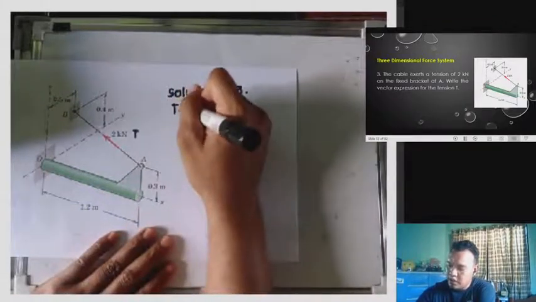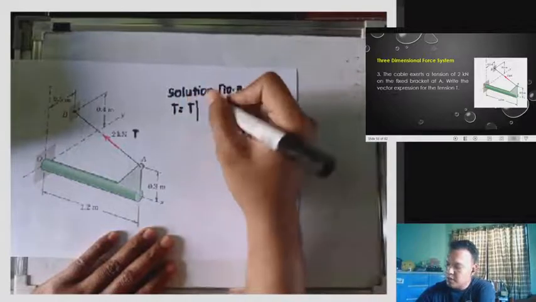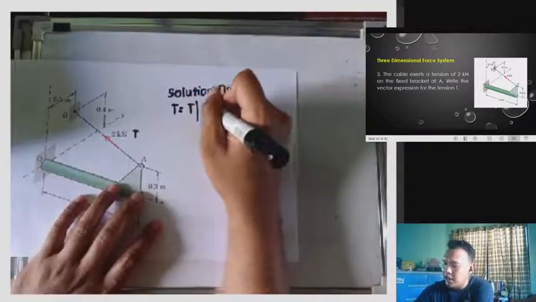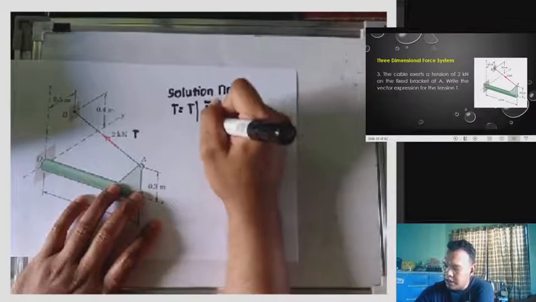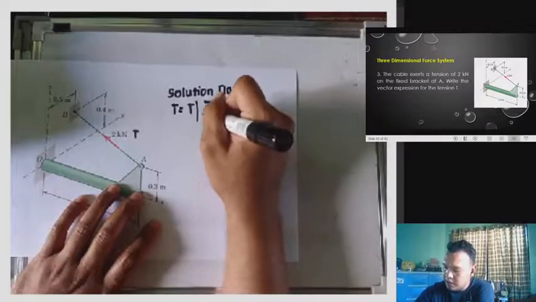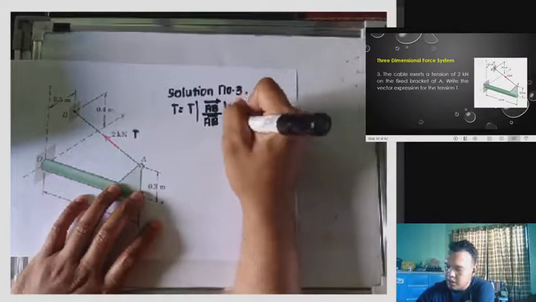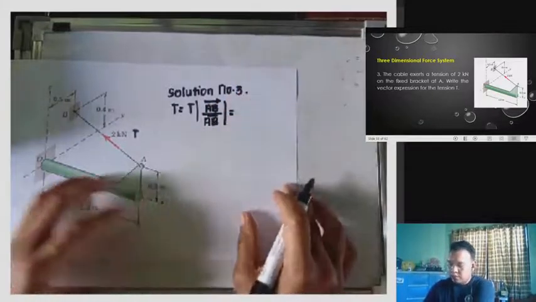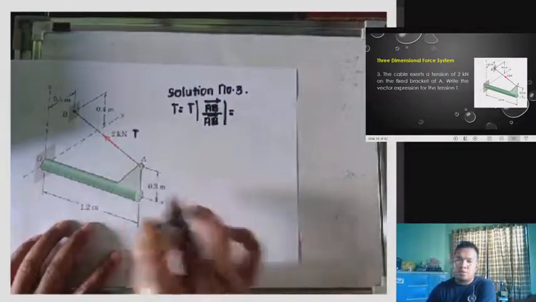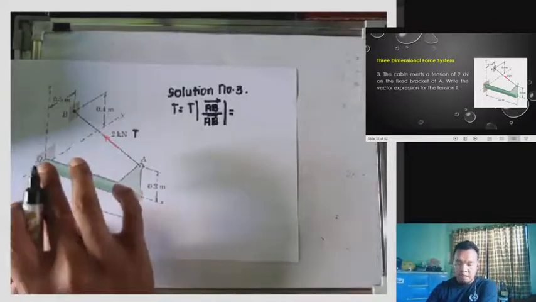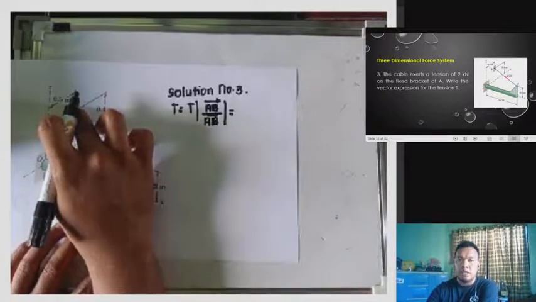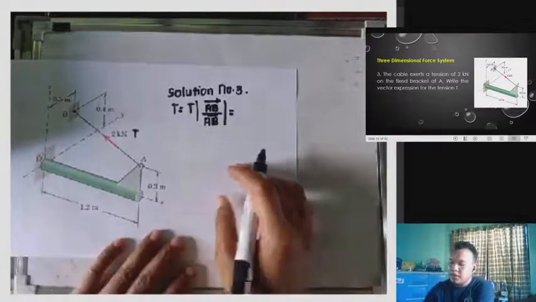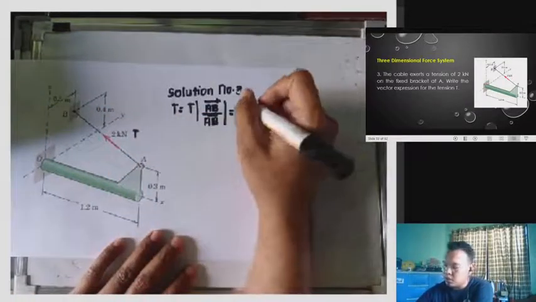T is equivalent kay T times line segment AB all over line AB ulit tayo. Segment AB, so kailangan natin lang na ma-identify yung coordinates ng A to B. Okay? So we have here T, which is equivalent kay 2 kilonewton.